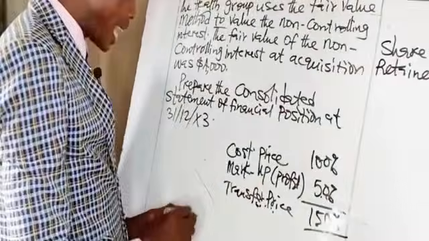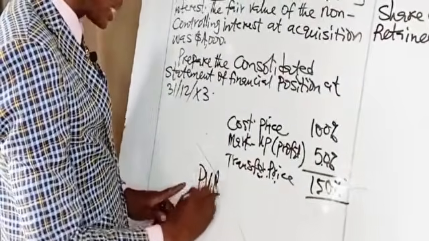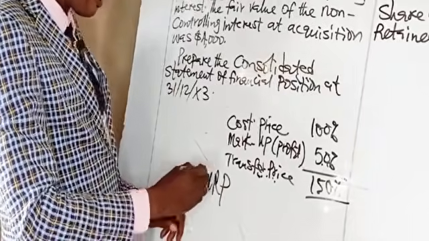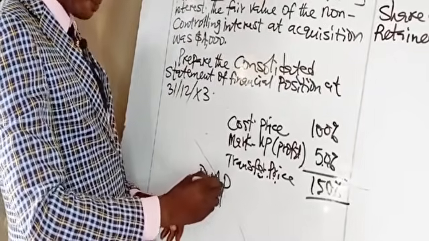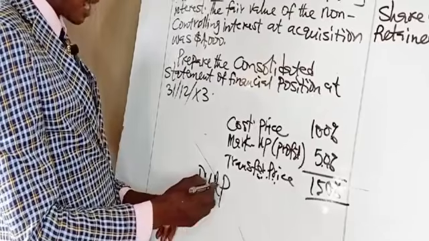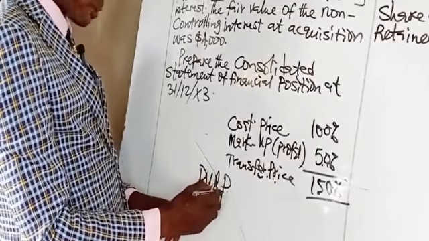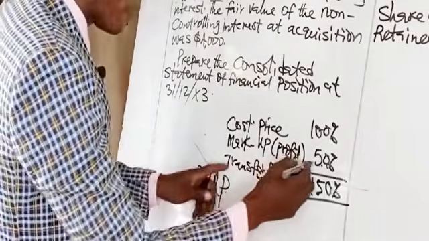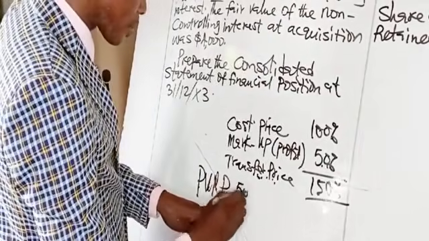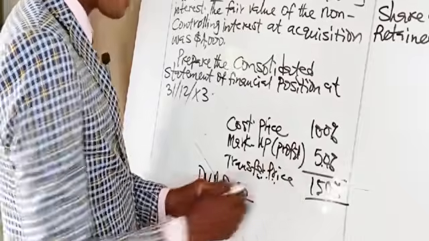I've told you, provision for unrealized profit, that is PURP. Take note of that.